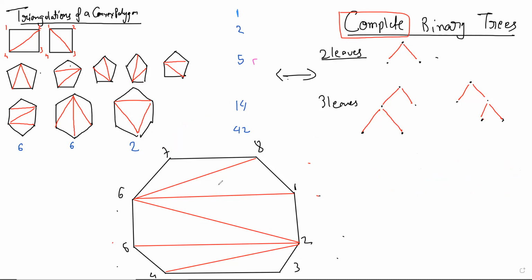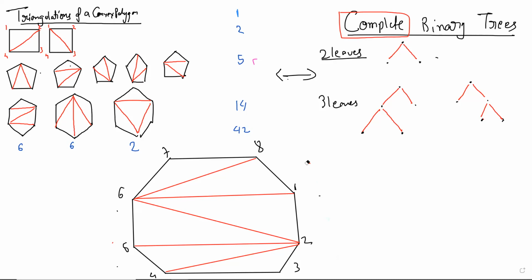Hmm. 3, 5 leaves. One second. So this 3 was 2, 4, and 3, 8, and 7, right? So we will make a tree with 7 leaves.